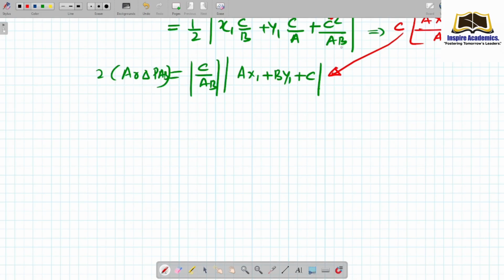And what is the distance of AB? Distance of AB can be calculated by your distance formula, जो आपने 10th में सीखा है.